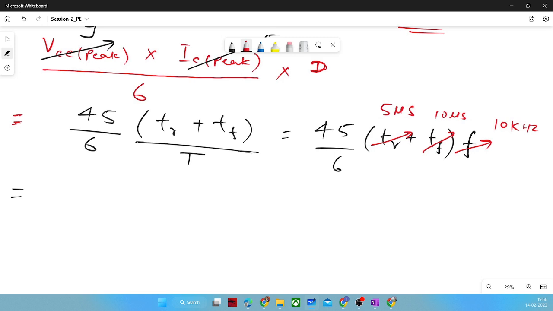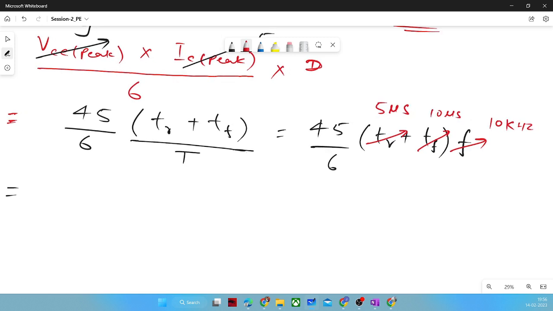And here for switching losses, we are now at the final step where we have to just compute 45 by 6 into 15 microsecond. This is turn off and this is turn on.